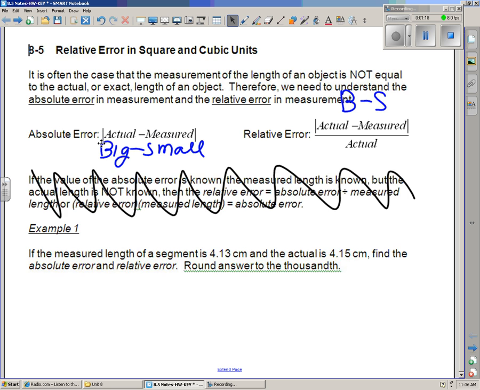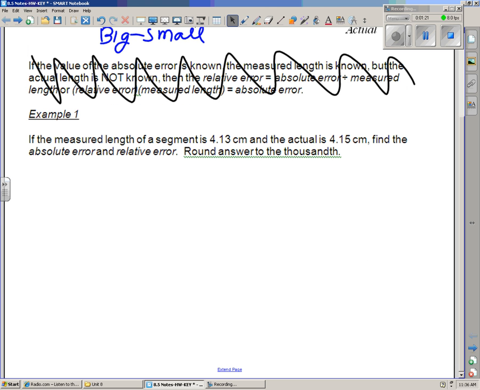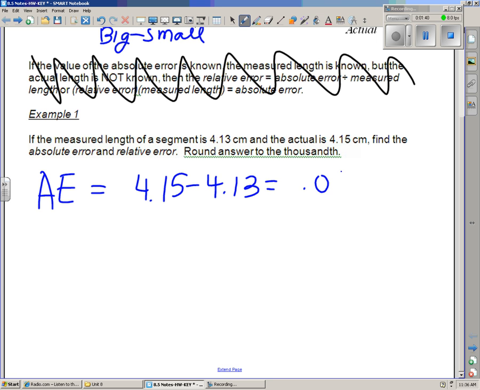So in example 1, the measured length of a segment is 4.13 and the actual length of the segment is 4.15. What is the absolute error and the relative error? And you're going to round answers when possible or when necessary to the nearest thousandth. So the absolute error, we're going to do big minus small. 4.15 minus 4.13, and that comes out to be 0.02.